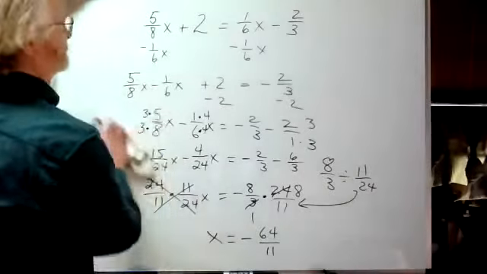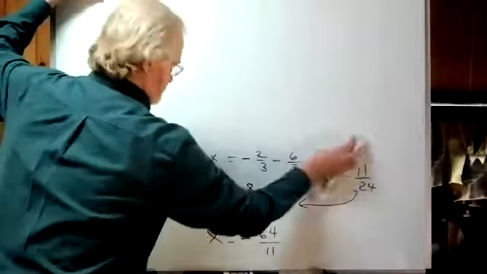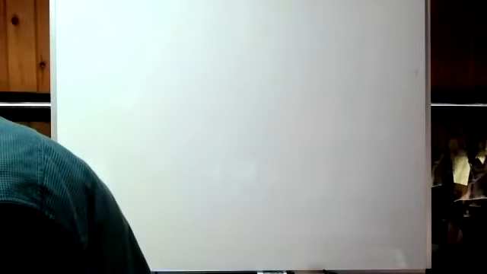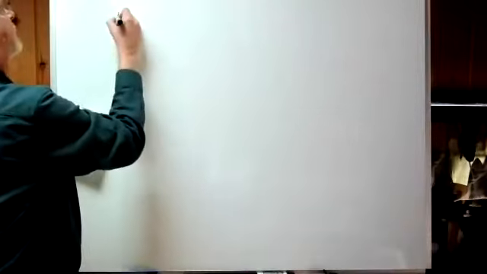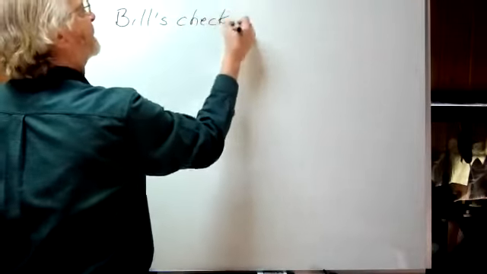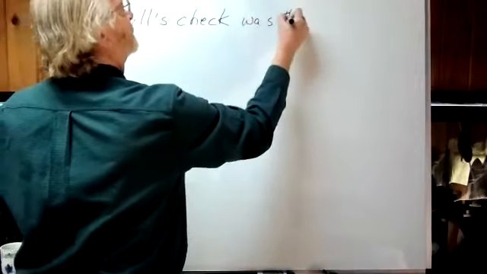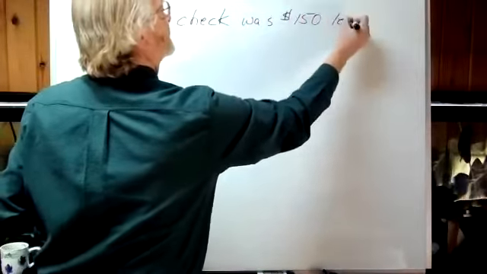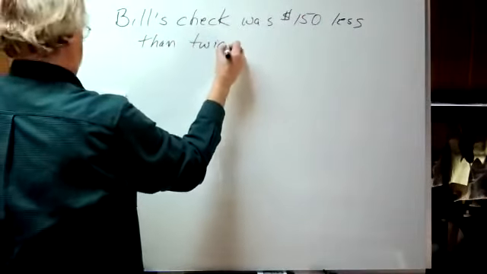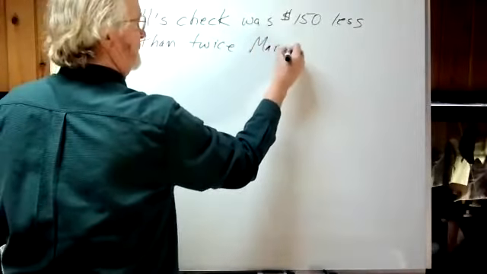All right, I'm going to put up another problem. Make you work for a little bit here. What did I have next? Bill's check was $150 less than twice Mary's check.